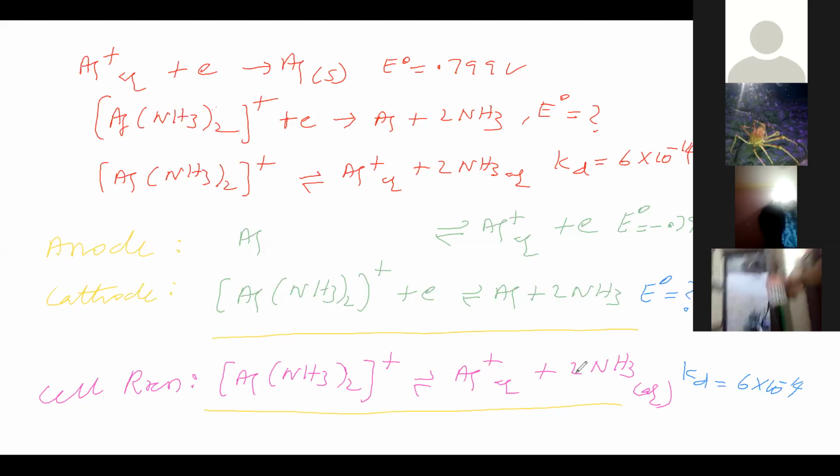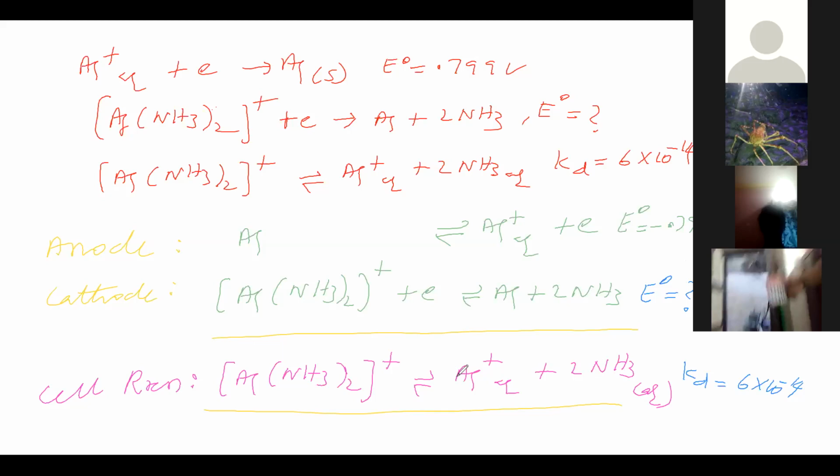We have to take the formula in which E naught cell and the equilibrium constant are there.